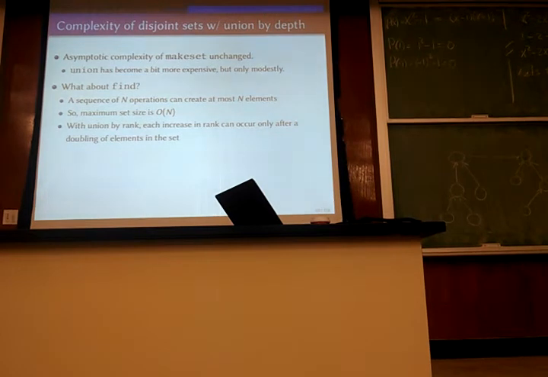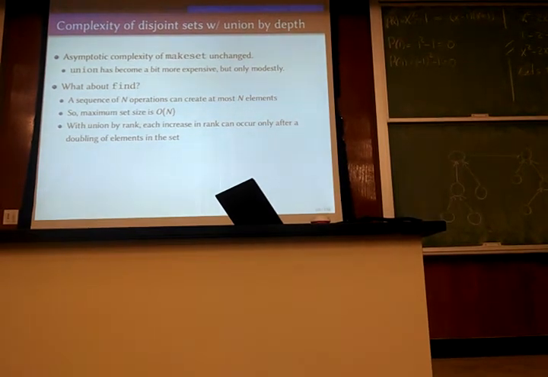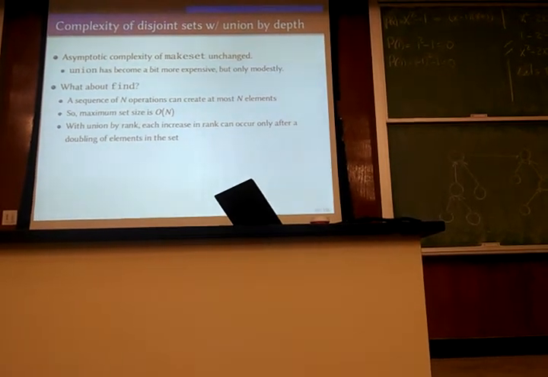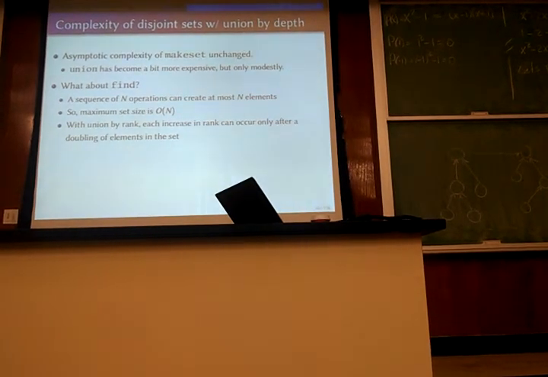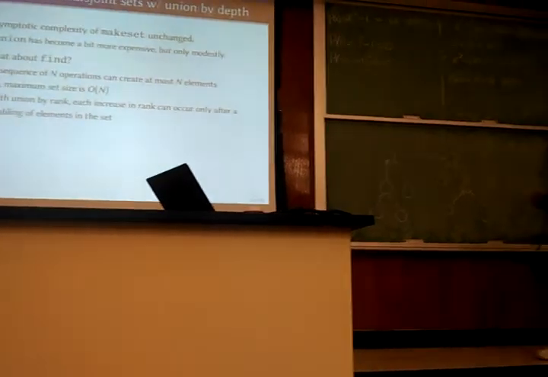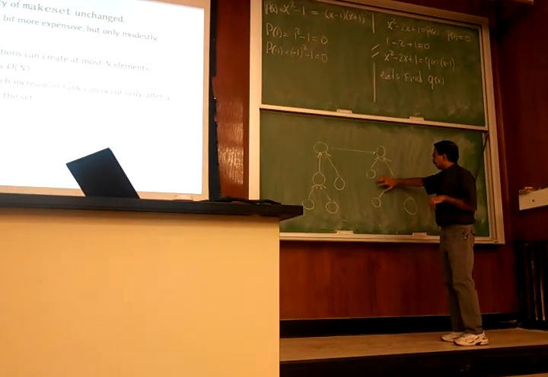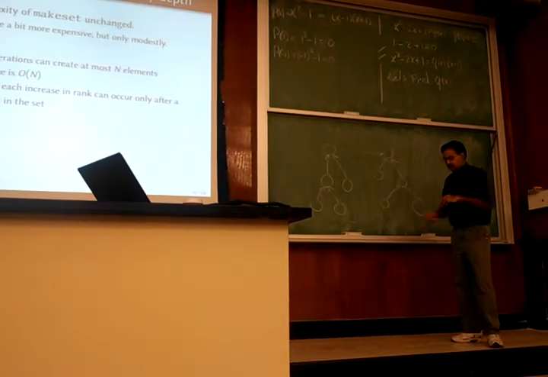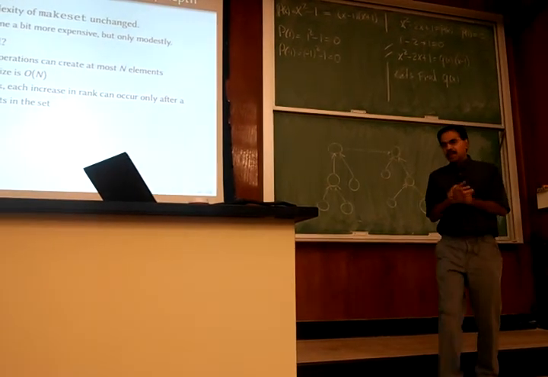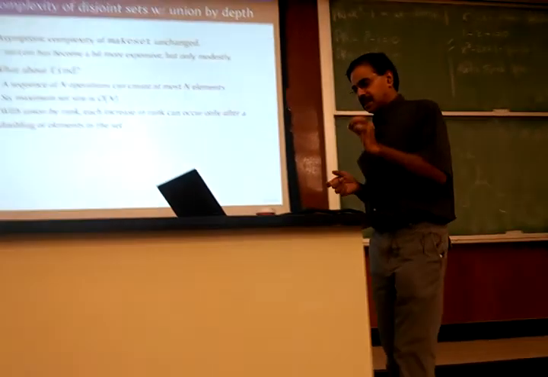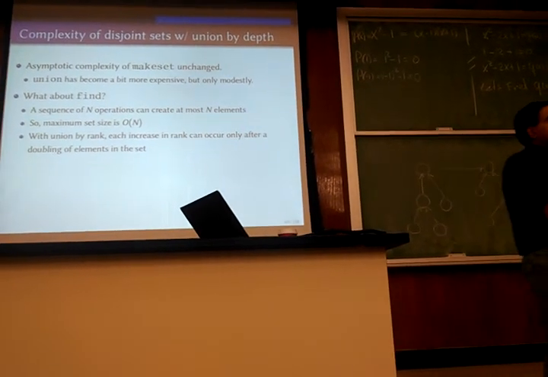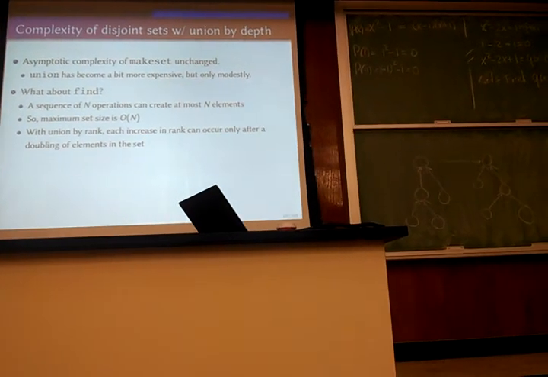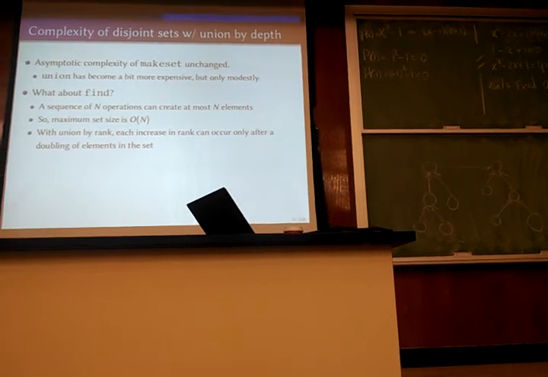You should not necessarily think that this causes the trees to be really balanced, because you can easily construct a sequence of operations where you have these things going on the side. But you can still prove that each time the rank goes up in union by rank, you are at least doubling the number of elements.